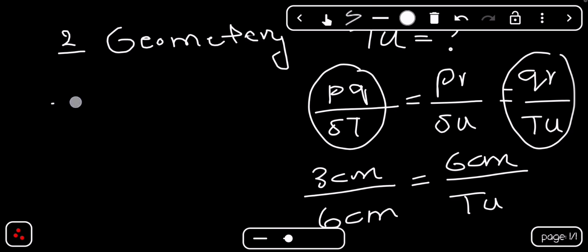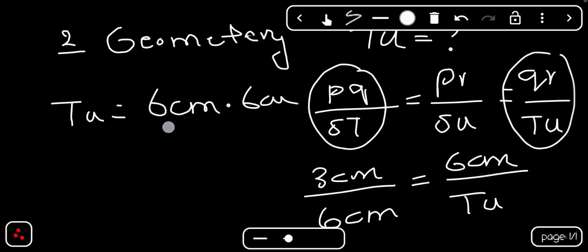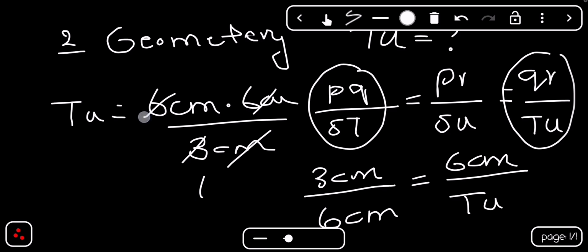Yeah, and if we want to find the TU, we have to write 6 centimeter times 6 centimeter divided by 3 centimeter. So centimeter by centimeter is gone, and this is 1 and this is 2, and TU is equivalent to 12 centimeter.